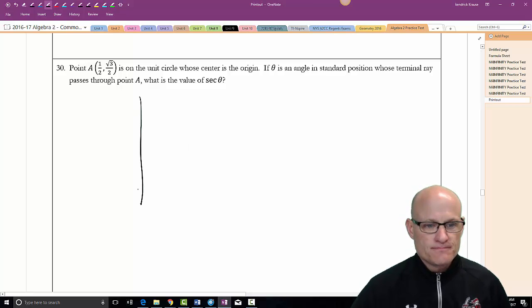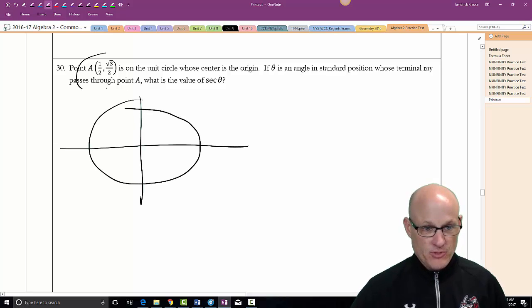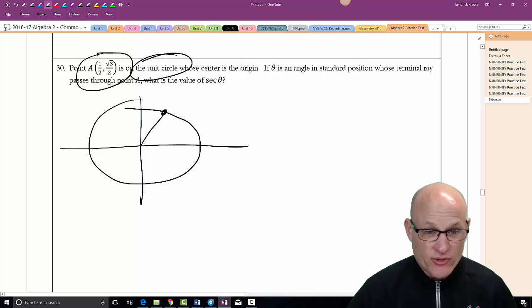So, we got a circle in standard position. Those are both positive, so it's going to be somewhere in here in the first quadrant. We'll draw it a little bit more accurately. It's actually right here. It's on the unit circle.